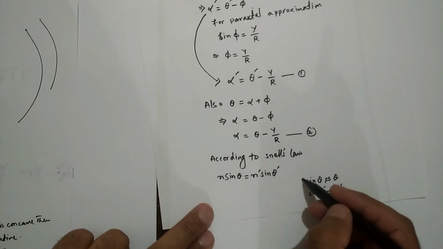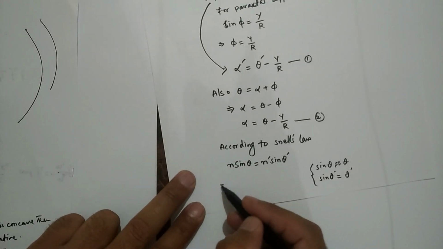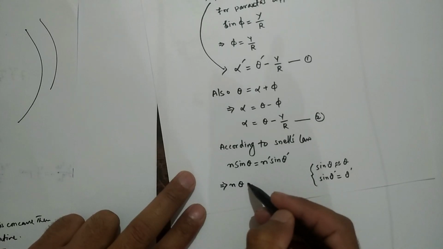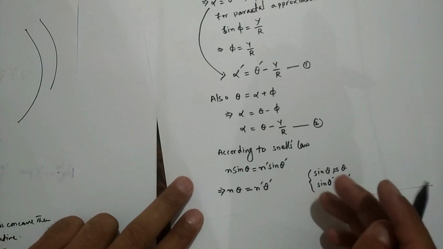So this equation can be further written as n times theta is equal to n prime theta prime.